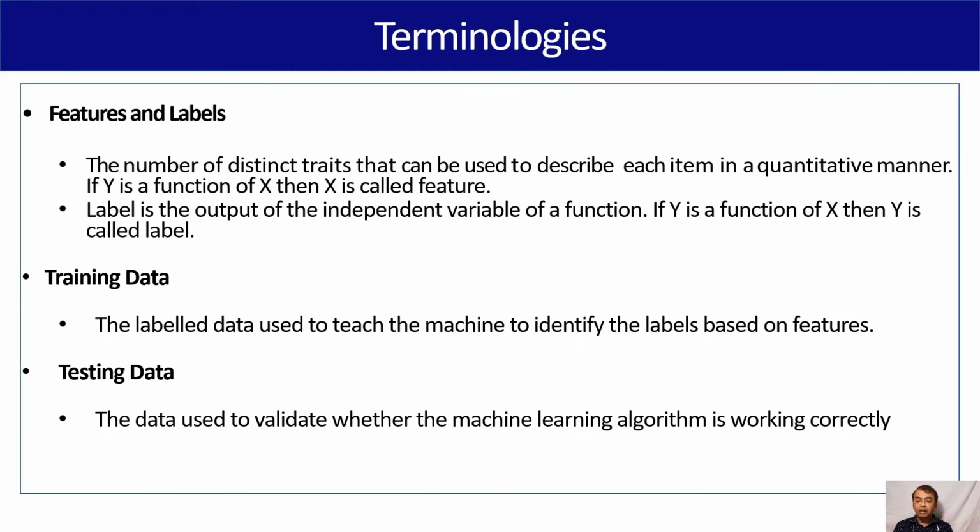That means this subset of the data set is used to train the machine. The other one is the testing data set. It is the data set used to validate whether the machine learning algorithm is working correctly or not. That means after teaching the machine, you have to test whether the machine, or the machine learning algorithm, is working properly or not. So you need this testing data set to validate it.